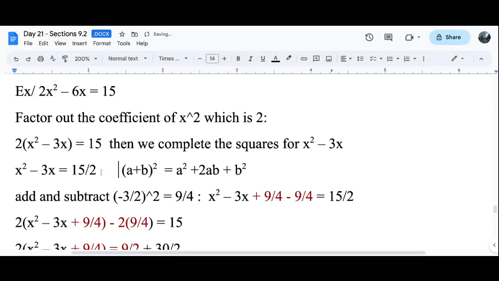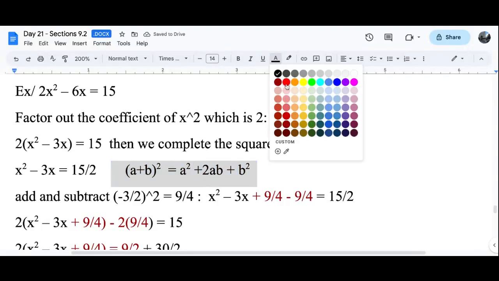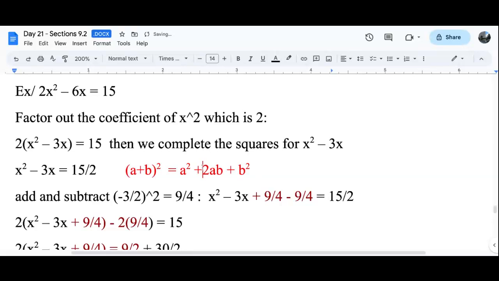It's all from this square term. You see the middle term is 2ab. In this case, the first term a is x, isn't it? A equals x, so we're trying to figure out b. What's b? You see b is negative 3 over 2.